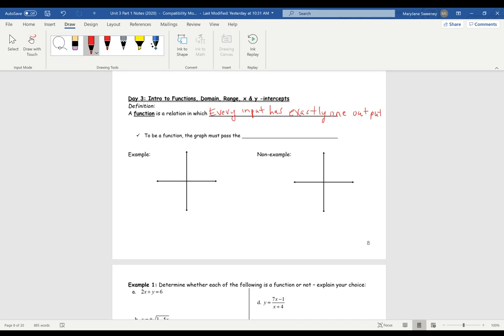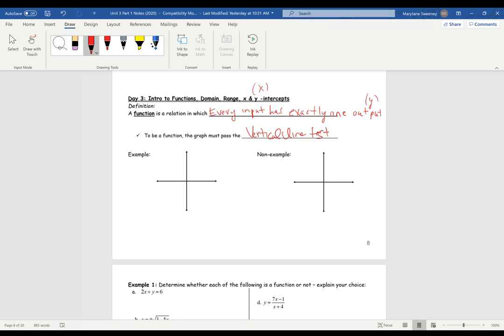Basically meaning for every x, there's only one y. Your input is your x, your output is your y. To be a function, a graph must pass the vertical line test.